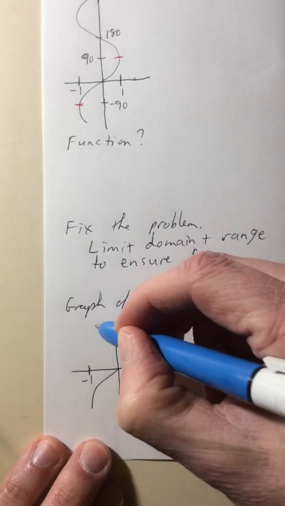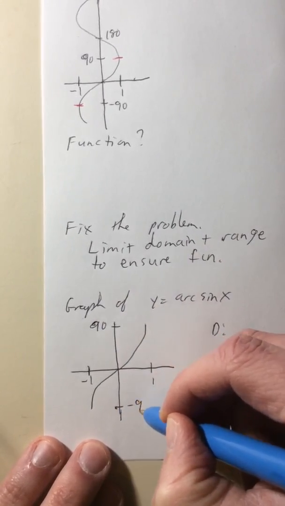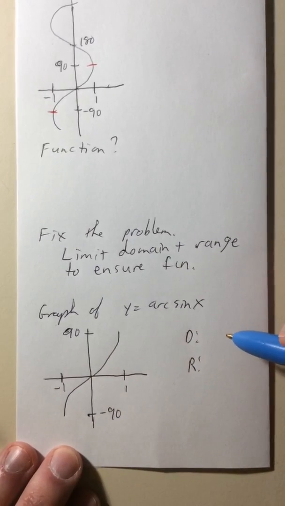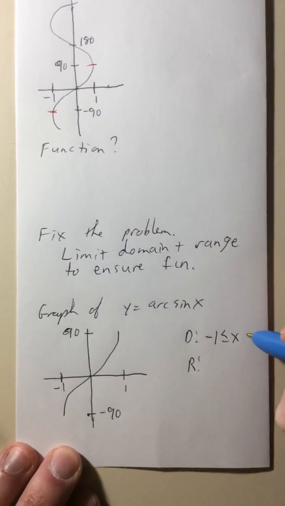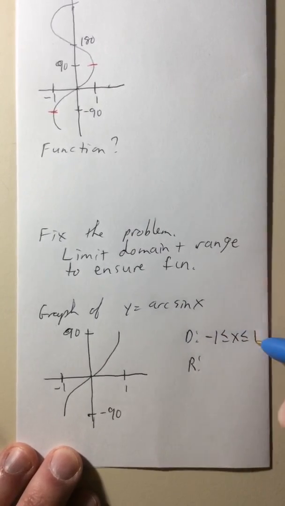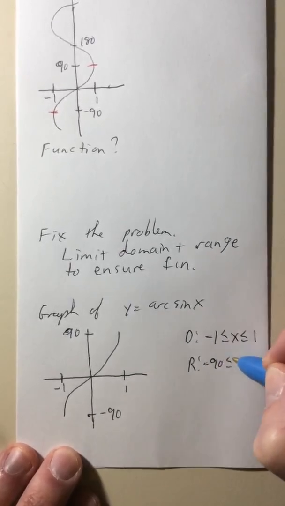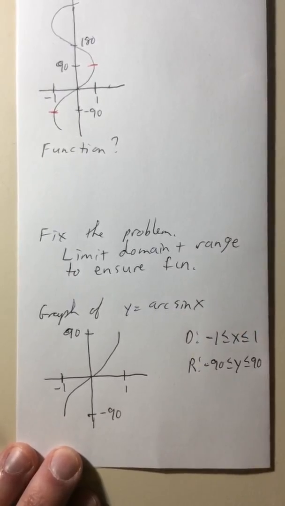There's 1, and here's 90, and here's -90 degrees. As we already talked about, the domain for this function is -1 less than or equal to x less than or equal to 1. And the range is -90 less than or equal to y less than or equal to 90. So it's a limited domain.